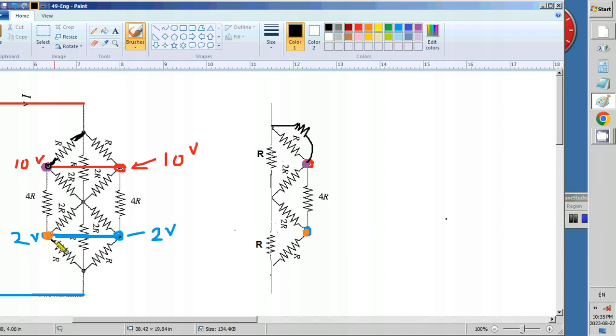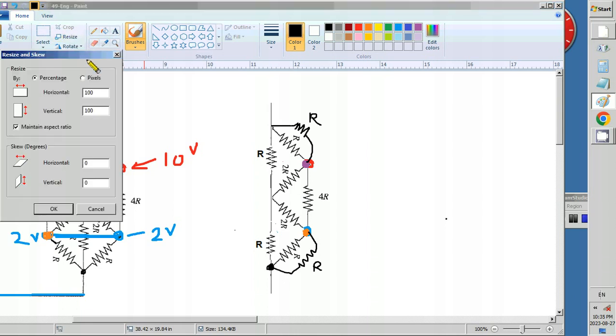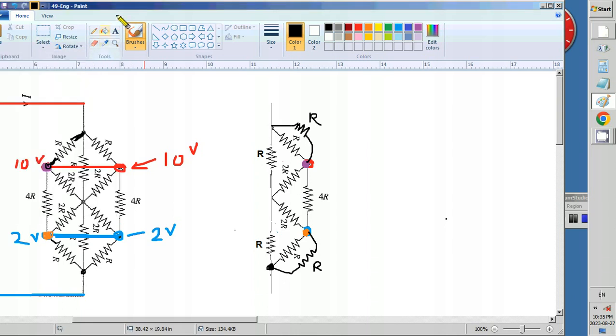It just bends without breaking here. So the junction, the node is here, unaffected. So the resistor will be seen like this. It bends towards this side and the value is R. The value of this one is R. So we have dragged both the junctions or nodes.